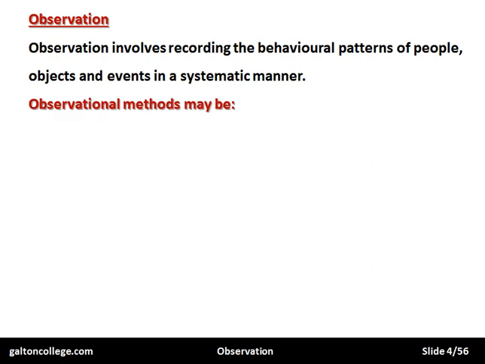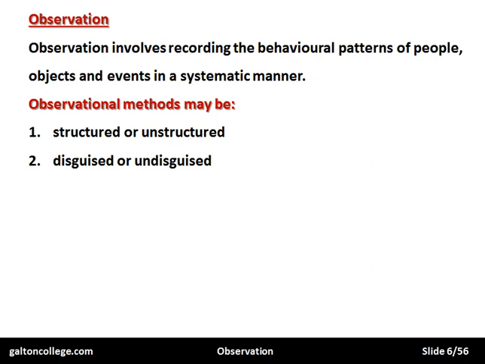Observation methods could be structured or unstructured. Structured in the sense that they are set up and organized in advance, or unstructured, perhaps just as the event happens, observed in a very natural context, the context in which the event happens.